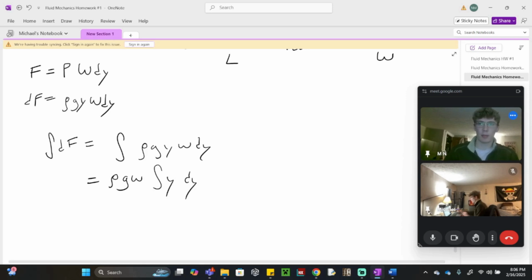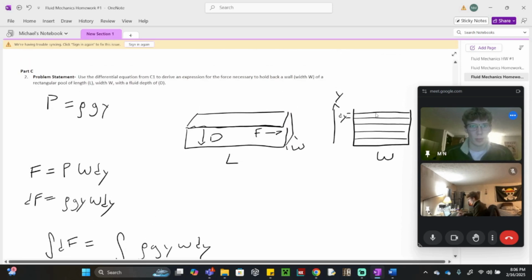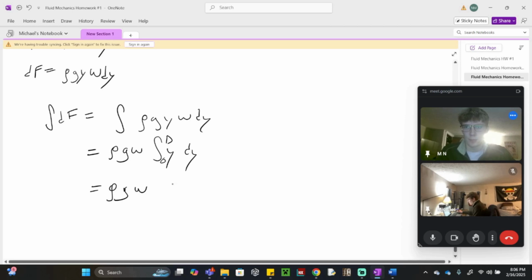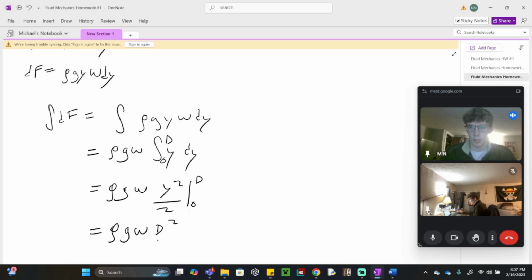Our limits in this case would be from 0 to D. So we end up getting rho g W times y squared over 2 from 0 to D. And if we plug it back in, we get rho g W D squared over 2.